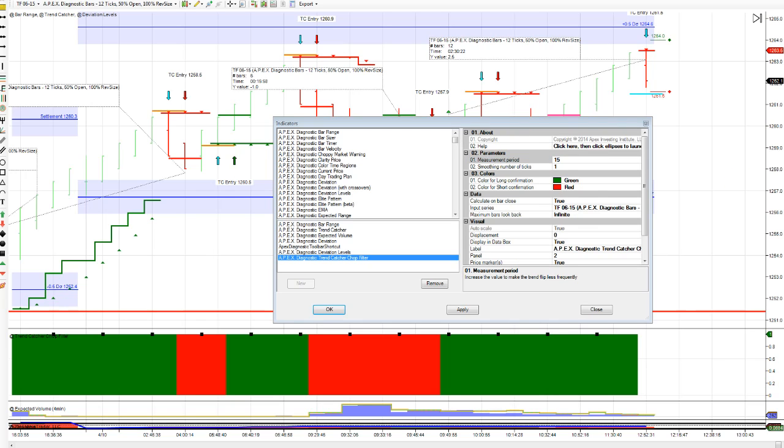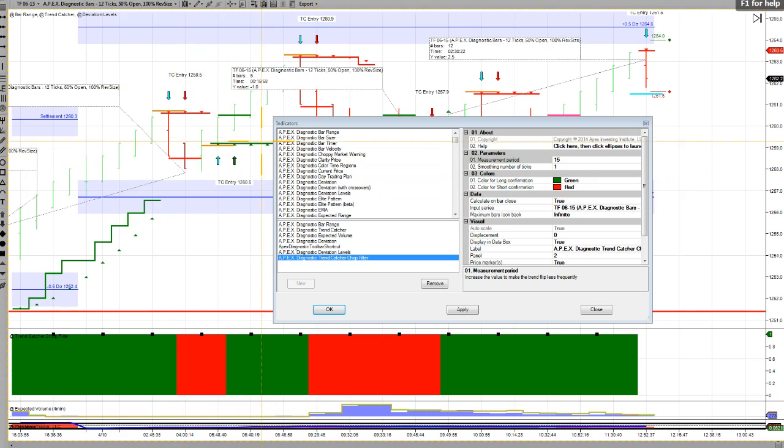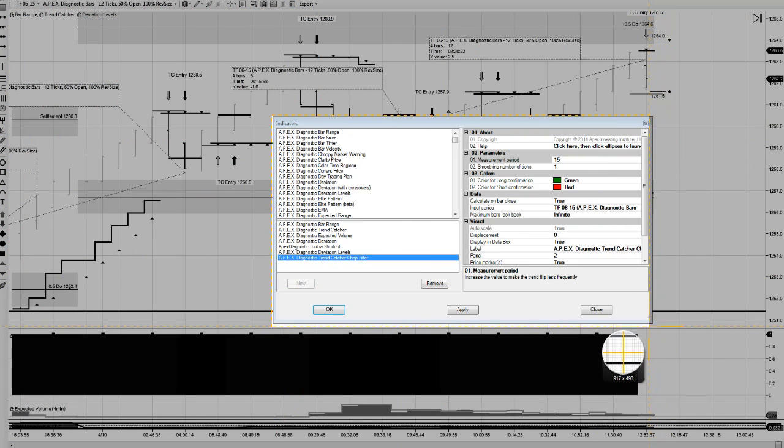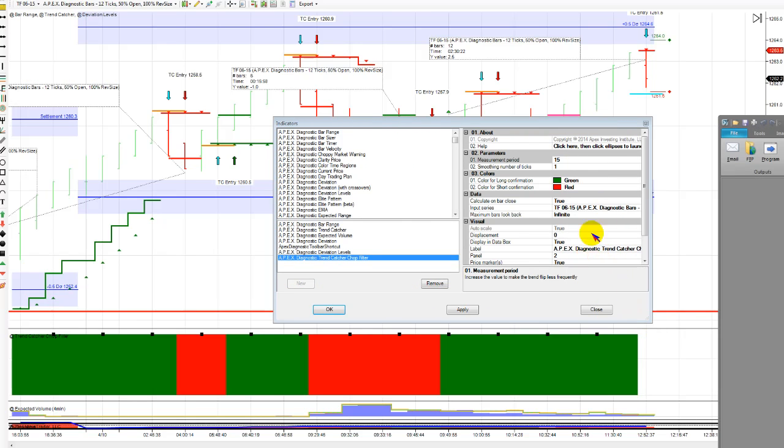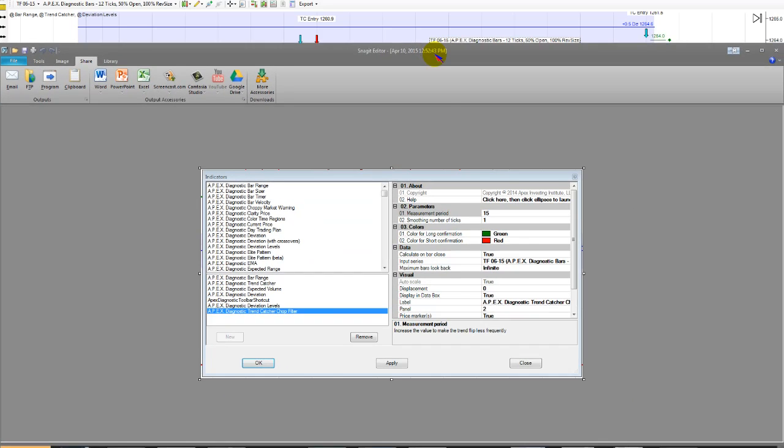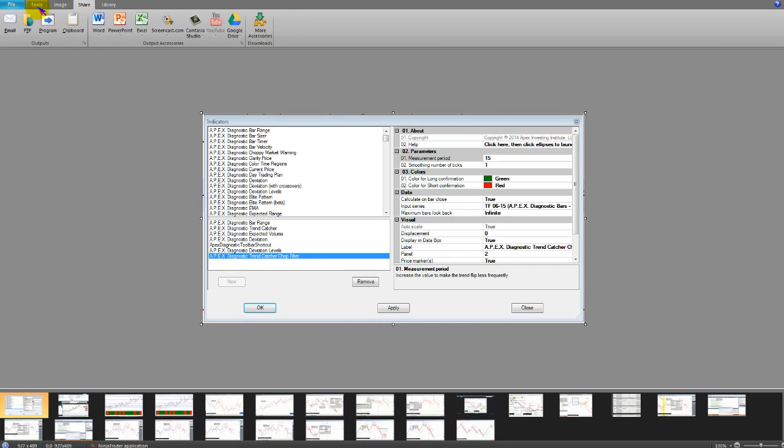So let me do that. Unfortunately, I can't do the other one because of the version I have installed right now.